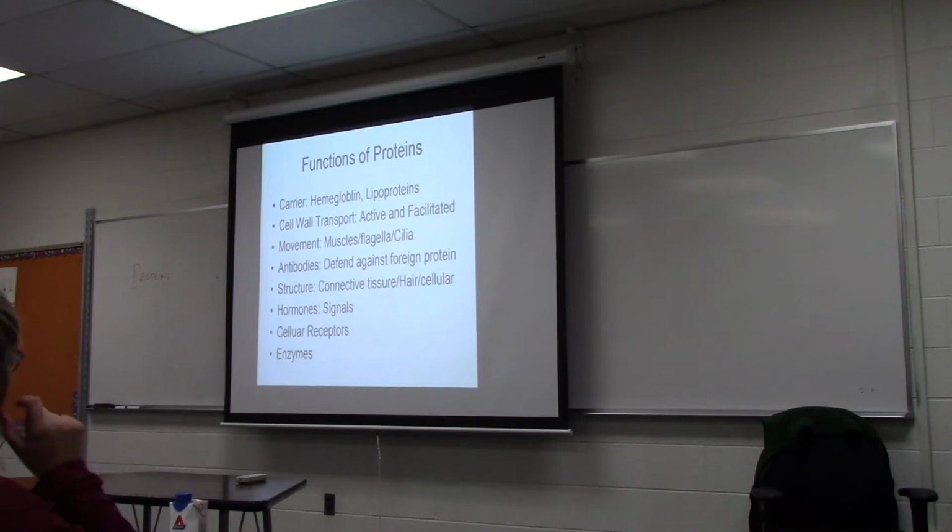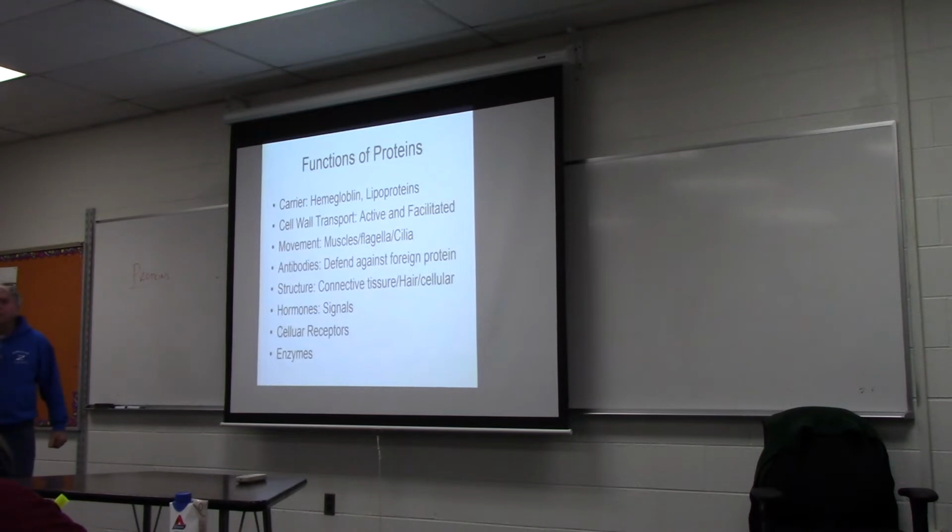Then you have muscle movement, and that would include all organisms usually have to have some way of moving. I don't think amoeba have a way of moving except for just sort of diffusing.